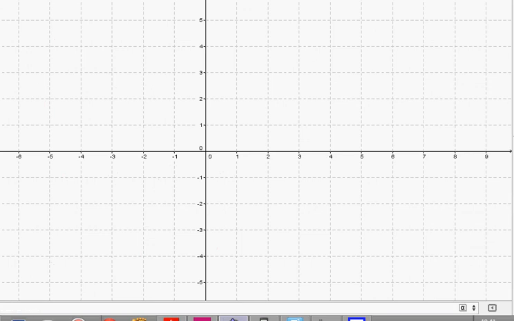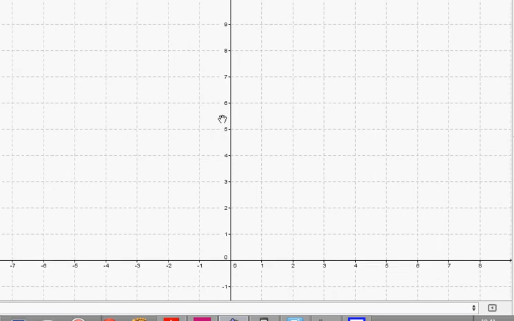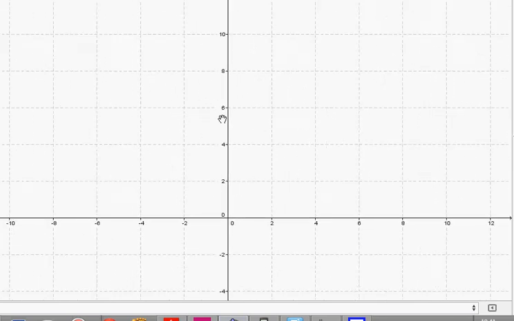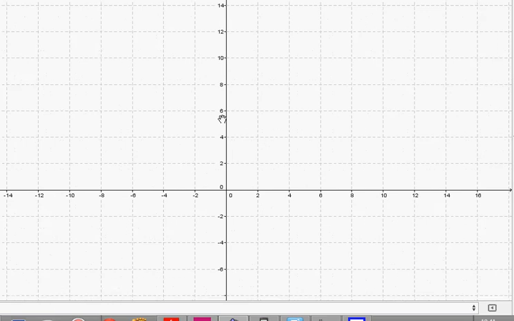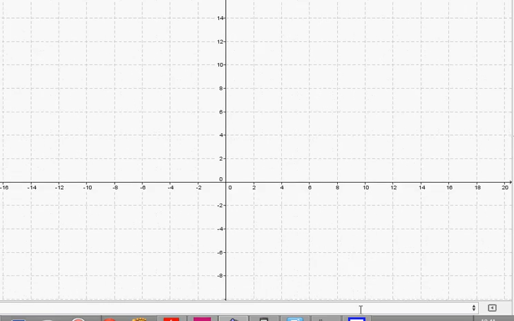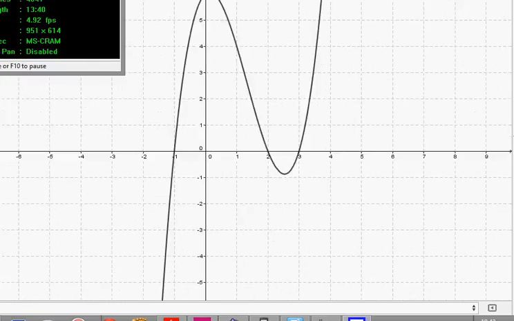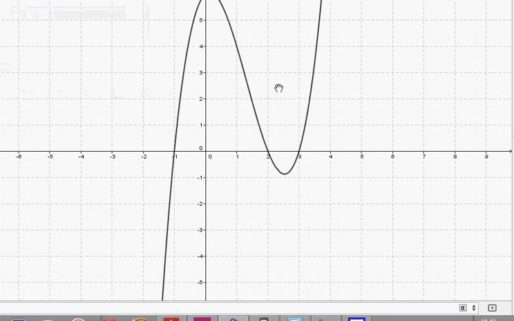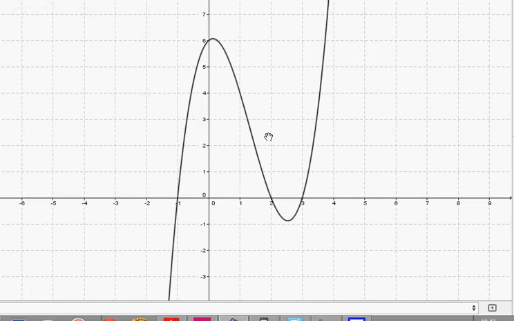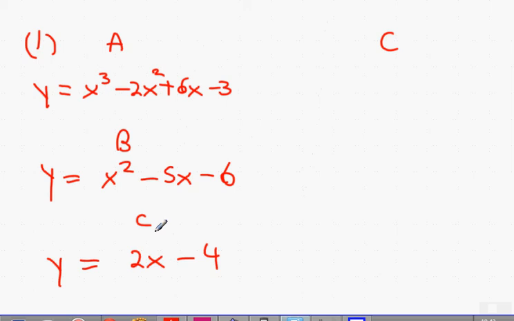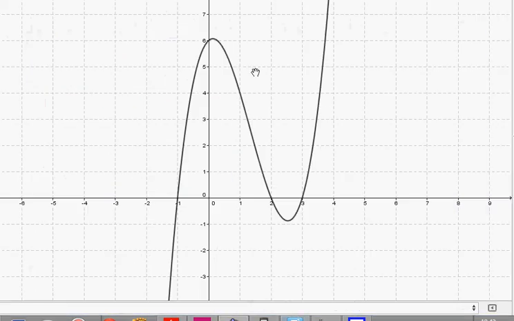If you were to put that in your calculator, okay guys, when you have a cubic function, for example, with an x cubed in it, what can happen is it usually has two turning points.